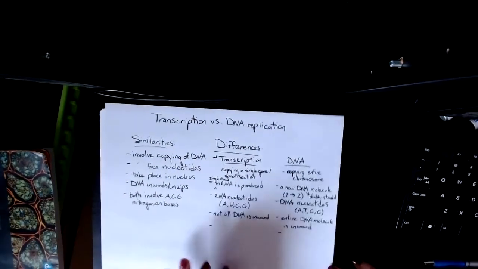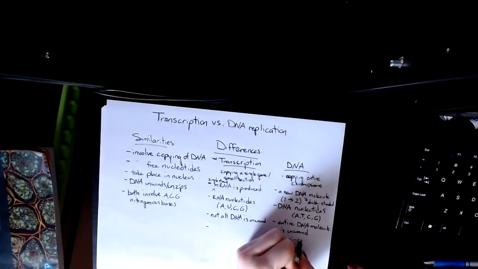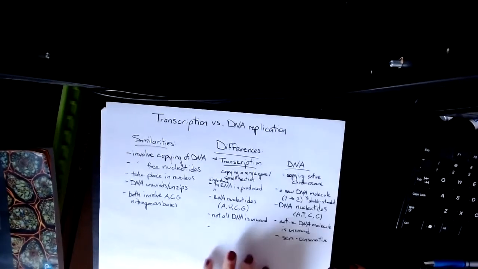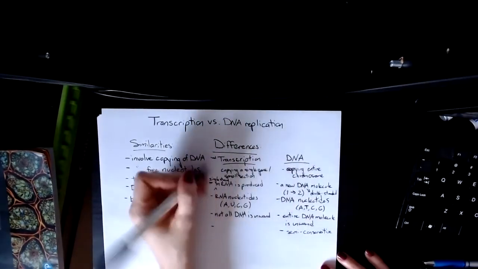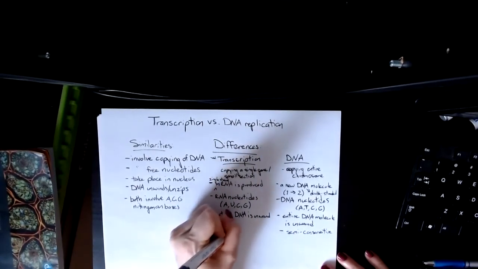The other thing you could talk about is that DNA replication, as we've talked about a lot, is semi-conservative. That's the term we use for it. Transcription, you can literally say is not semi-conservative.